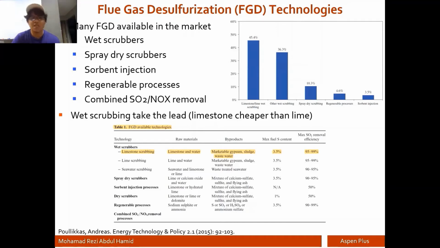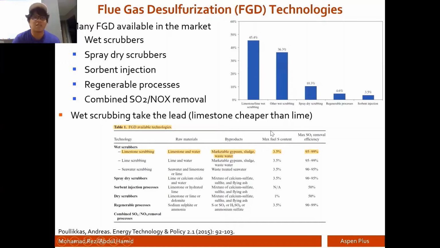And as you can see here, the raw materials are pretty simple. You don't need a lot of raw materials. You just need limestone and water as the absorbent and a solvent. And after the absorption process, you can get gypsum.